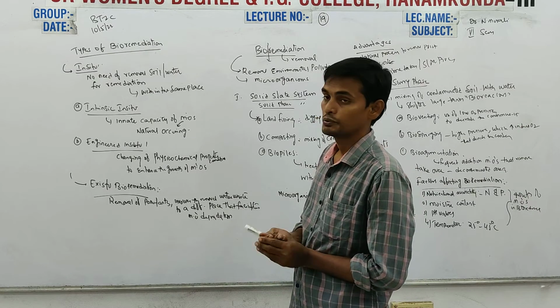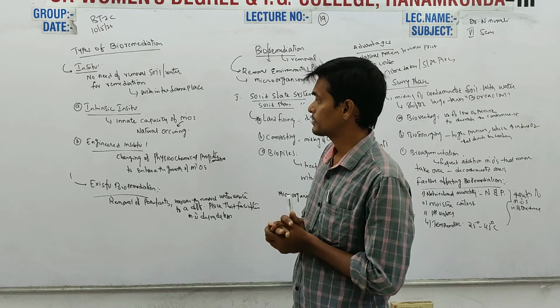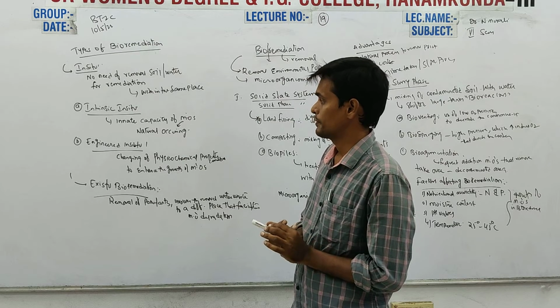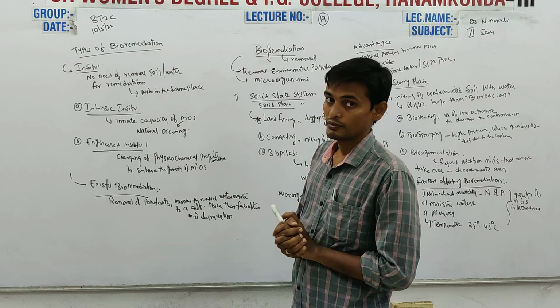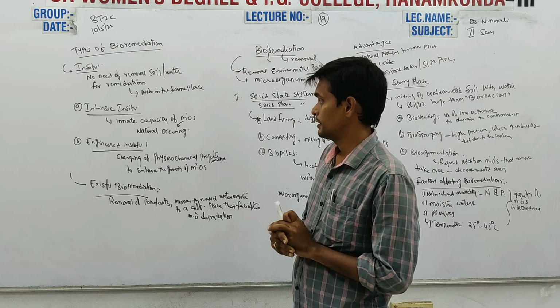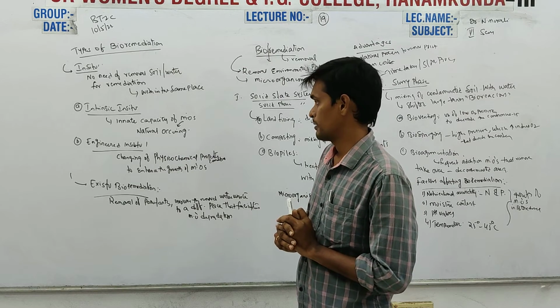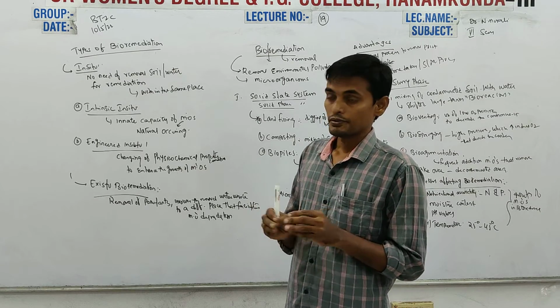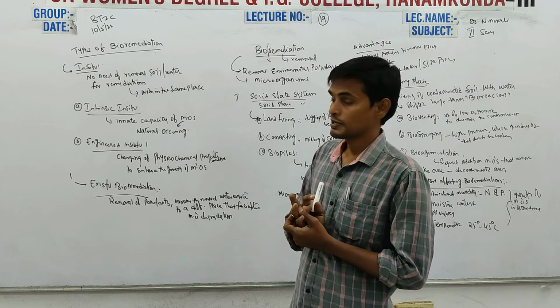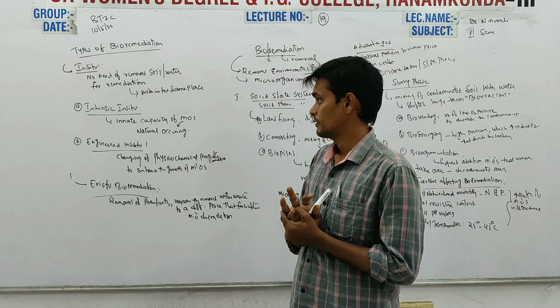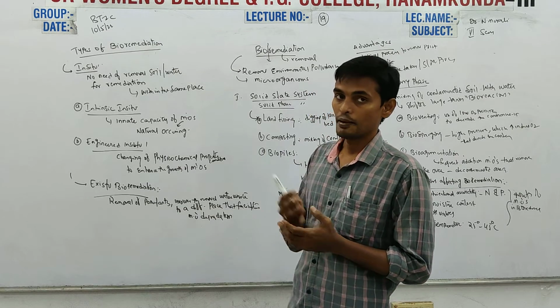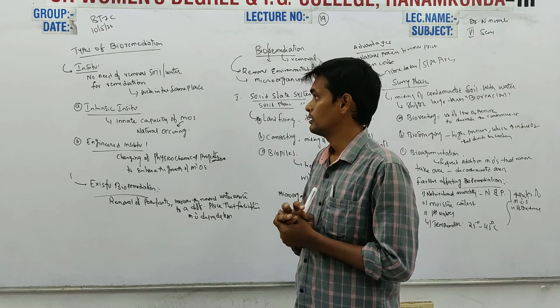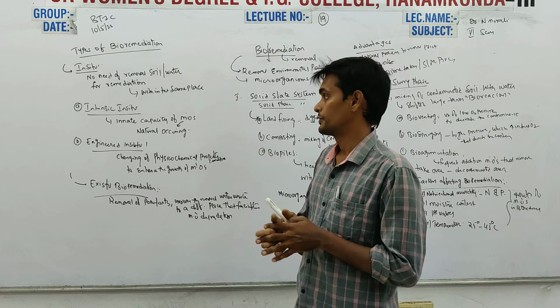It has two categories. One is intrinsic in situ bioremediation. It is the use of the innate capacity of naturally occurring microorganisms. In that place, the naturally occurring microorganisms and their innate capacity are used to remove the environmental pollutants.